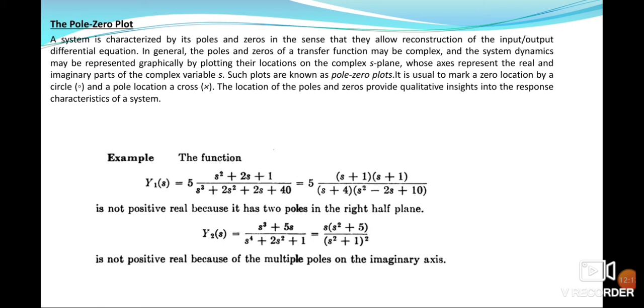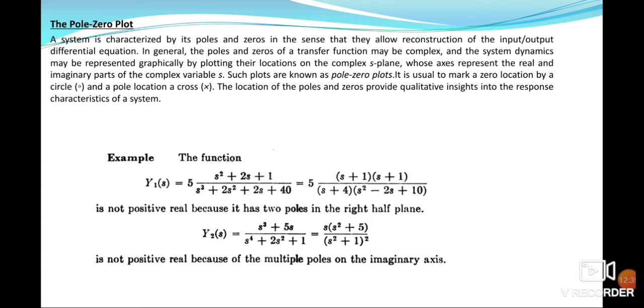So if we factorize the numerator and denominator, we can see the numerator is having (s plus 1) into (s plus 1) divided by the denominator having (s plus 4) into (s square minus 2s plus 10). So we can see that if we solve s square minus 2s plus 10, it will give us a complex value.